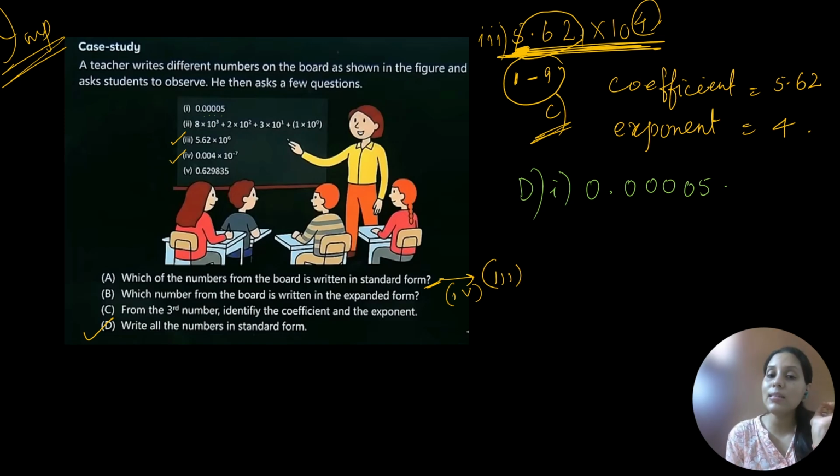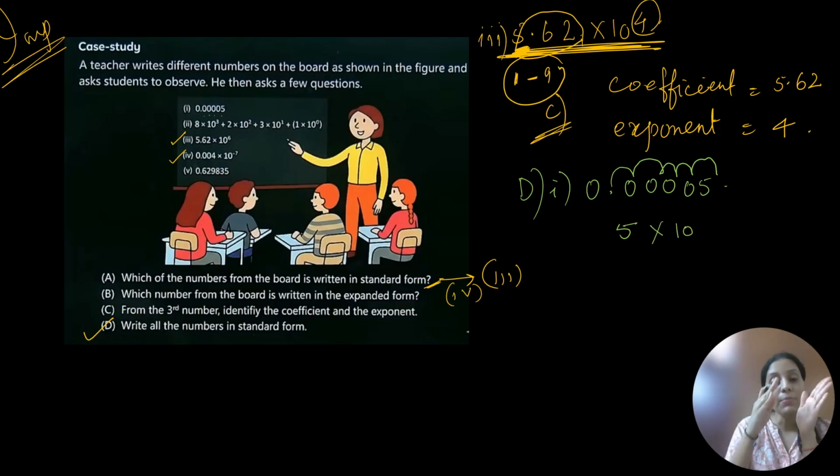So how many places am I moving the decimal? 1, 2, 3, 4, 5. So 5 into 10 power. अब decimal right side move हो रहा है. When it is moving right side, तो negative होता है exponent. And when the decimal is moving left, then it is positive. Please understand this.